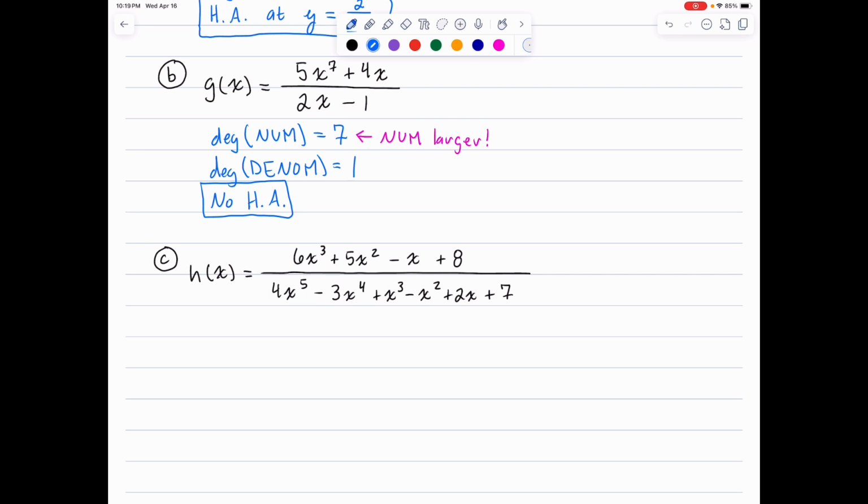All right, so first we need to find the degree of the numerator. If you look at the numerator, the degree is 3. And then we need to find the degree of the denominator. If you look at the denominator, the degree is 5, which means this time the denominator is larger.